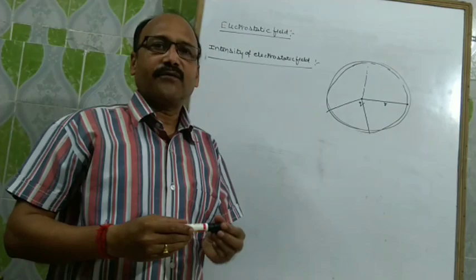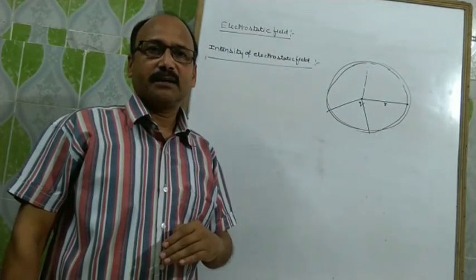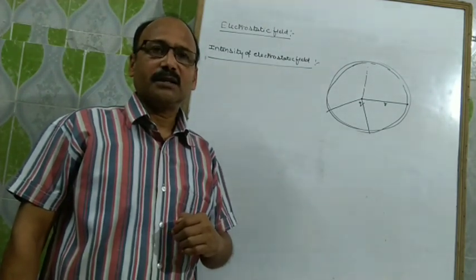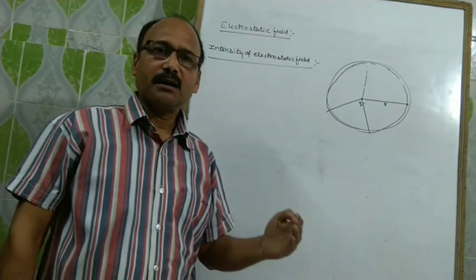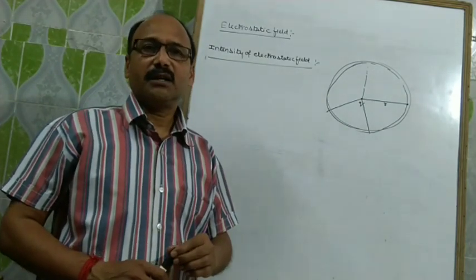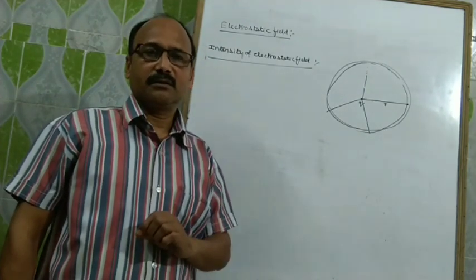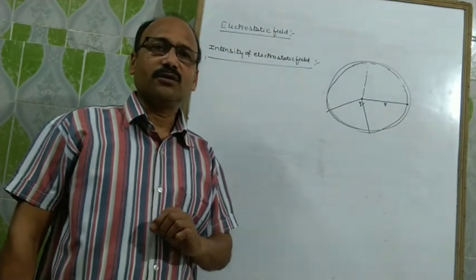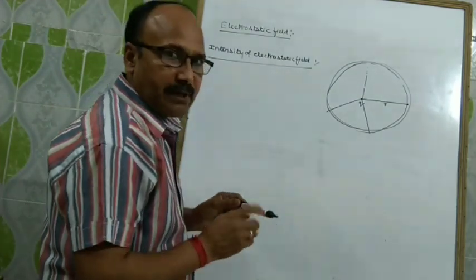The electrostatic force experienced by a positive unit charge at any point in the field of the given charge is known as the intensity of electric field at that point due to the given charge. It is noted by capital E.